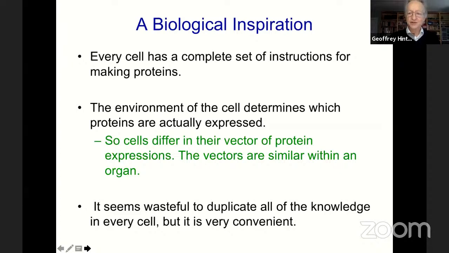And I want to do the same with capsules now. So old-fashioned capsules, they were about a particular type of part, and they had the knowledge for that particular type of part. But new capsules now, they're not specific to particular types. Each capsule has to know about everything, which is quite demanding, like every cell in your body.